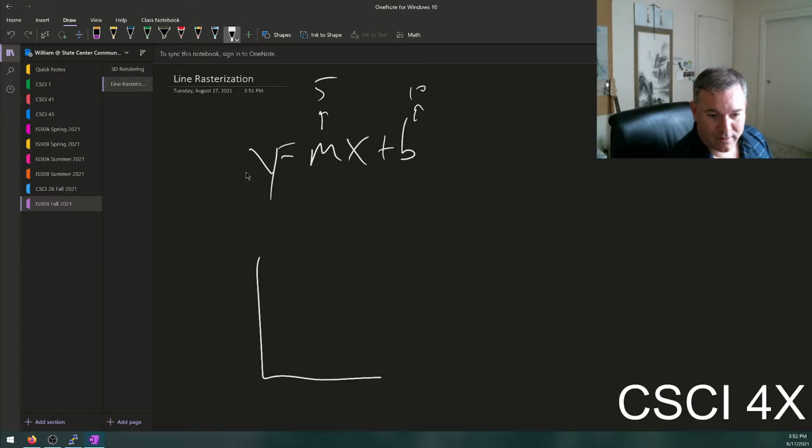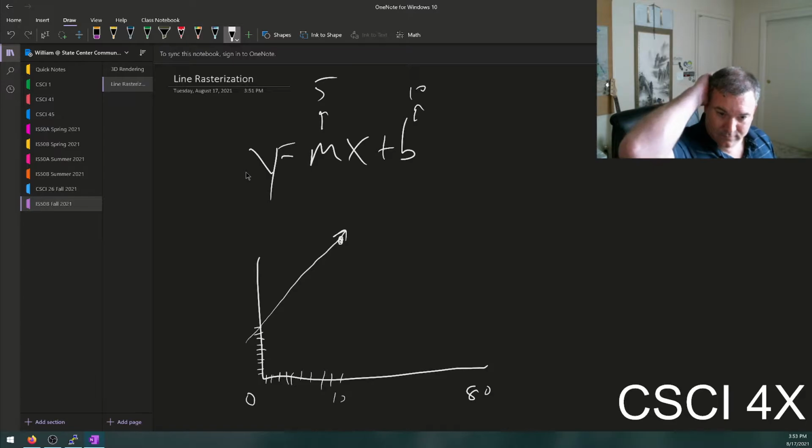We're going to go from x equals 0. Let's say we've got 80 columns on the screen. For each column, we plug in the value of x there. So let's say x is 10. What is the y value going to be? That's the y-intercept there, and it comes up this way, right? So what is the y value when x is 10? Yeah, 60. 10 times 5 is 50, plus 10 is 60.